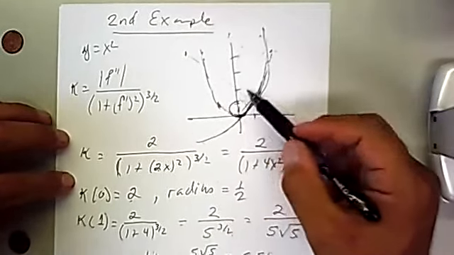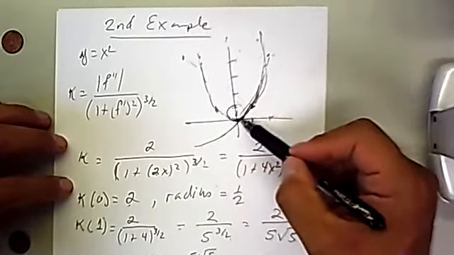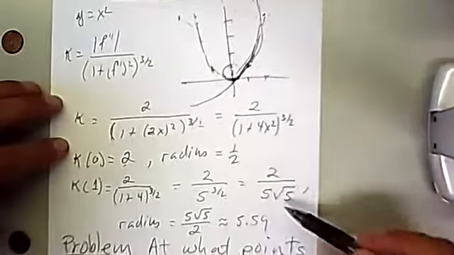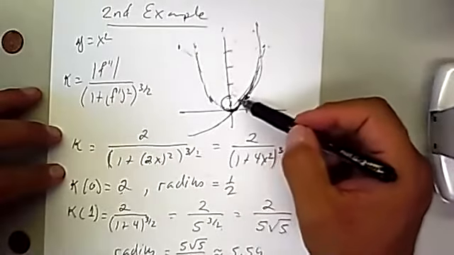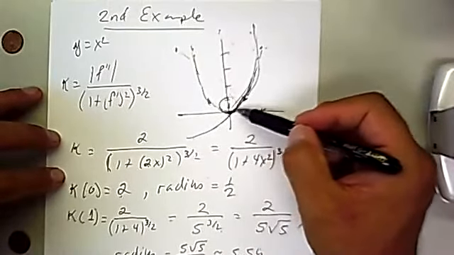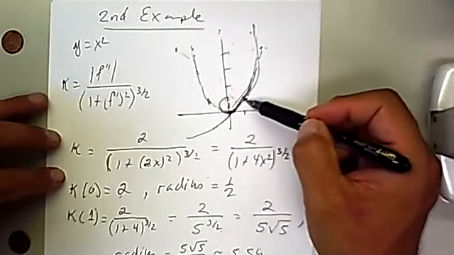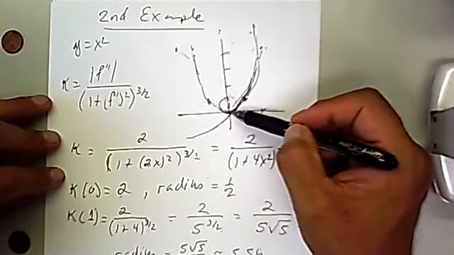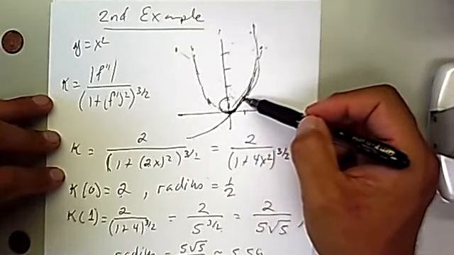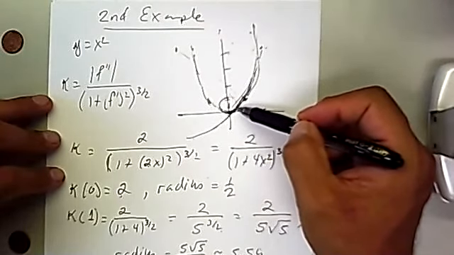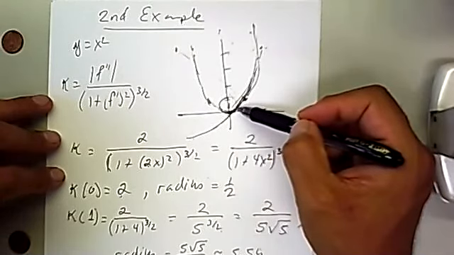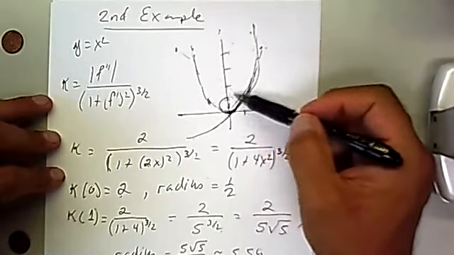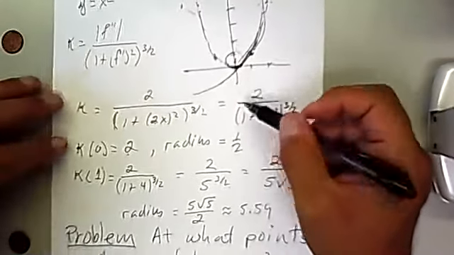If we start with a radius of 1/2, and then by the time we get here, we have a radius of almost 5.6, there's somewhere in between where the radius of the circle that approximates the parabola is 1.